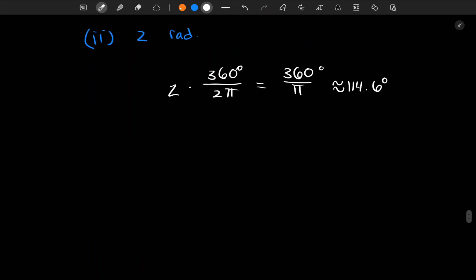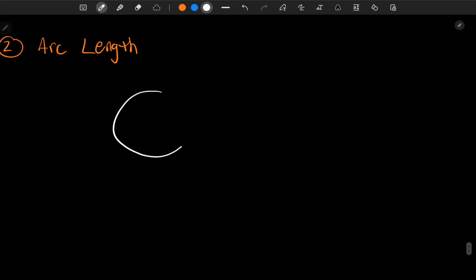Next, we will look at arc length. So arc length is simply given a circle of some radius r, and given this orange, the space between this orange and blue band, there's some angle here, theta.